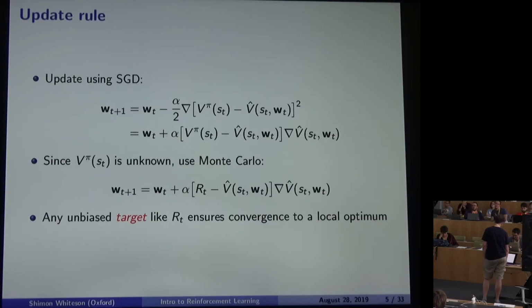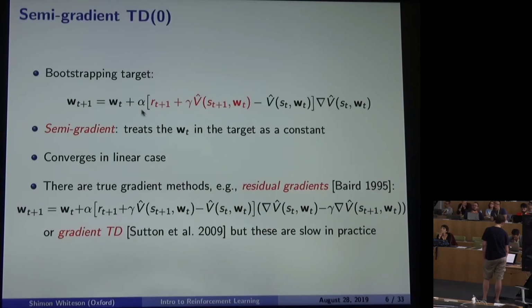So if we go back here, this thing here, the gradient of the mean squared error with respect to the weights, if you actually just compute that gradient where here you have a TD0, you don't get this here, you get this. And this thing includes this extra term here, and this extra term arose because of the dependence of the mean squared error through the target on WT. So if we choose not to ignore it, then we get this residual gradient method with this extra term.